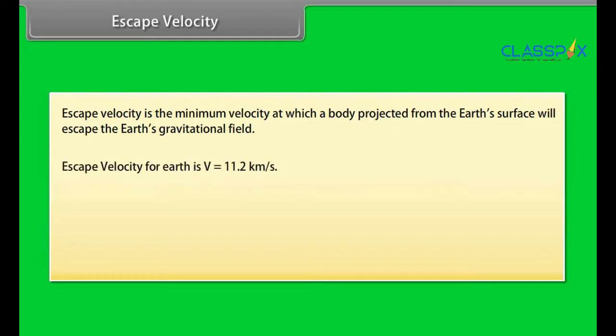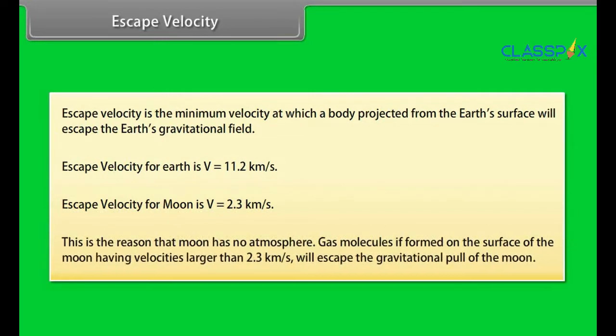Escape velocity for the Earth is v equal to 11.2 km per second. Escape velocity for the Moon is v equal to 2.3 km per second. This is the reason that the Moon has no atmosphere. Gas molecules, if formed on the surface of the Moon having velocities larger than 2.3 km per second, will escape the gravitational pull of the Moon.